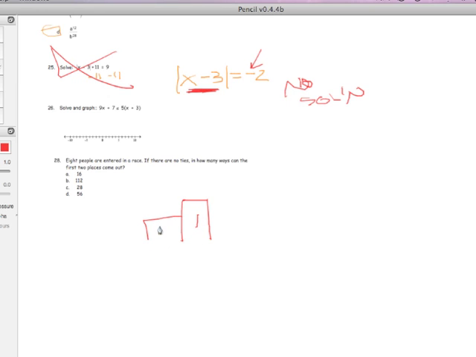So here's first place and here's the shameful second place. There are 8 people total, right? So in first place there are 8 possibilities, leaving 7 possibilities for the second, and we multiply these out, and the answer is D, 56. And I am done with that one, and I'll be right back.